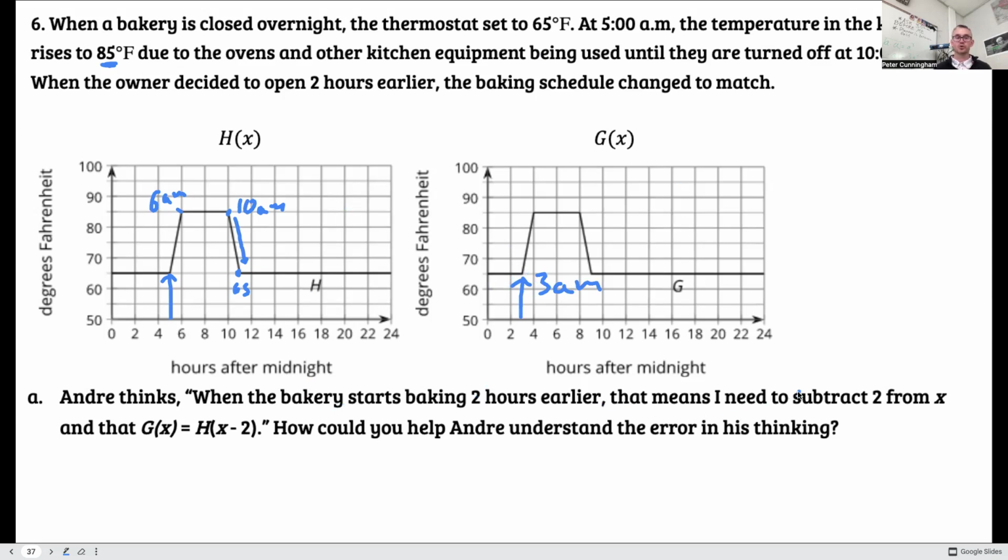That means I need to subtract 2 from the x. Well, is that true? To move to the left, do we subtract 2 from the x? Do x's listen? No. Subtracting 2 and you think, yeah, that's going to move me to the left, right? But x's don't listen. It does the opposite. So what does Andre actually need to do?